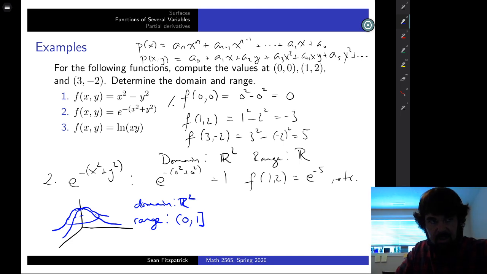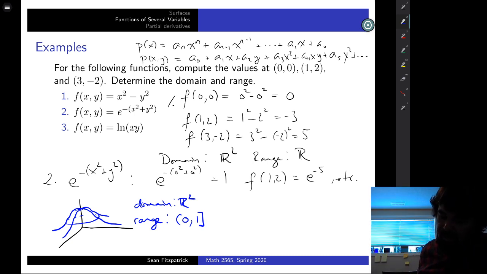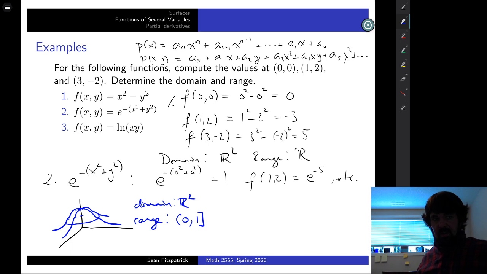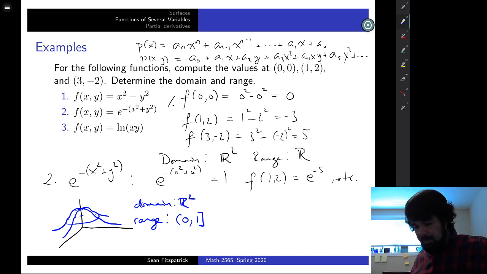Because the function is given by this decaying exponential. Exponential function is never negative and it's never 0. But because it's a decaying exponential, the largest value that you can get out of there, because x squared plus y squared is bigger than or equal to 0, is when x squared plus y squared is equal to 0, and you get e to the 0, which is 1.